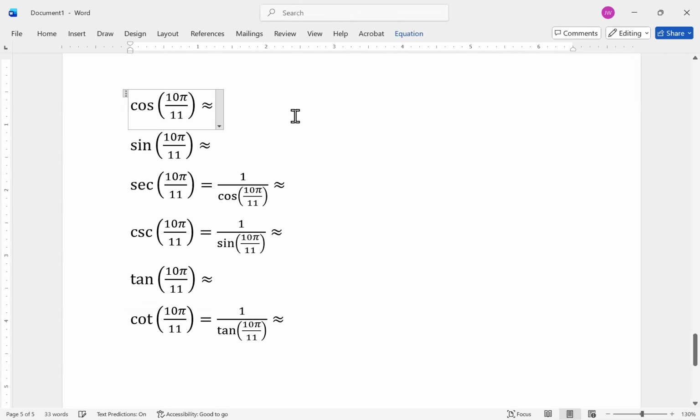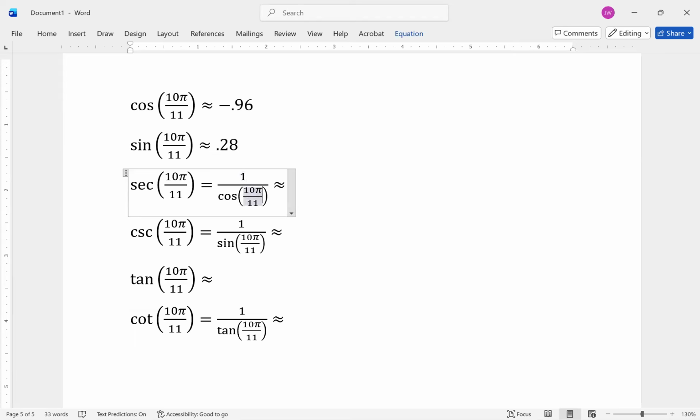So here we go. Cosine of 10 pi over 11. That's something, again, I just type into my calculator, making sure that the mode of my calculator is in radian mode. When I do that, I get a negative 0.96 roughly. The sine of 10 pi over 11 gives me about 0.28, again, rounded to 2 decimals.